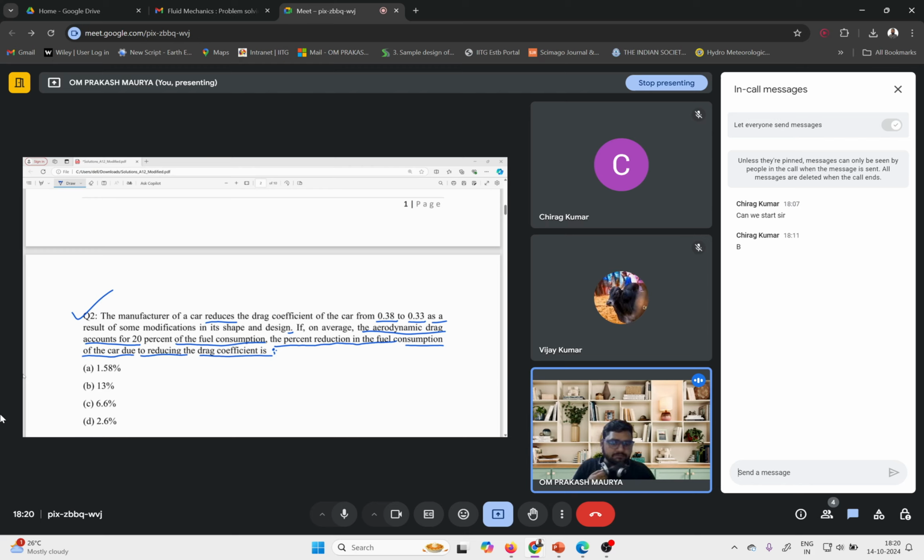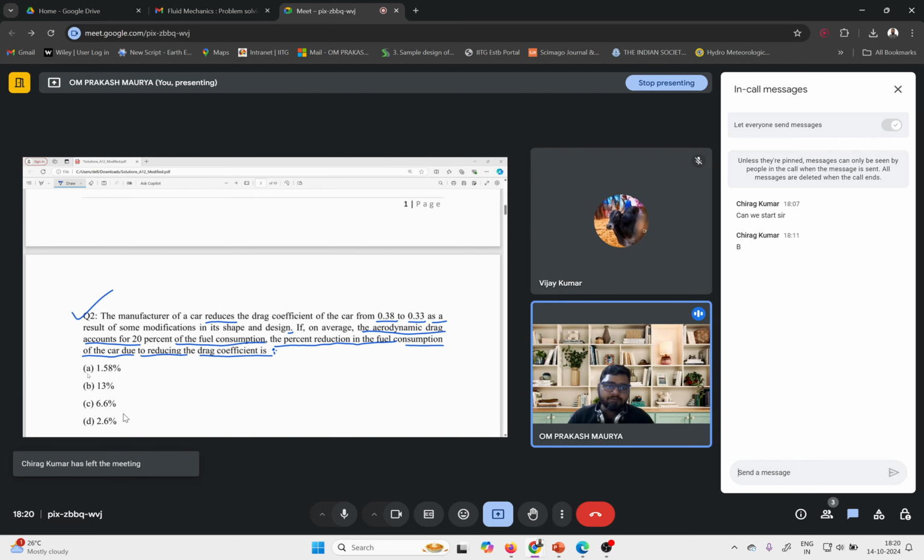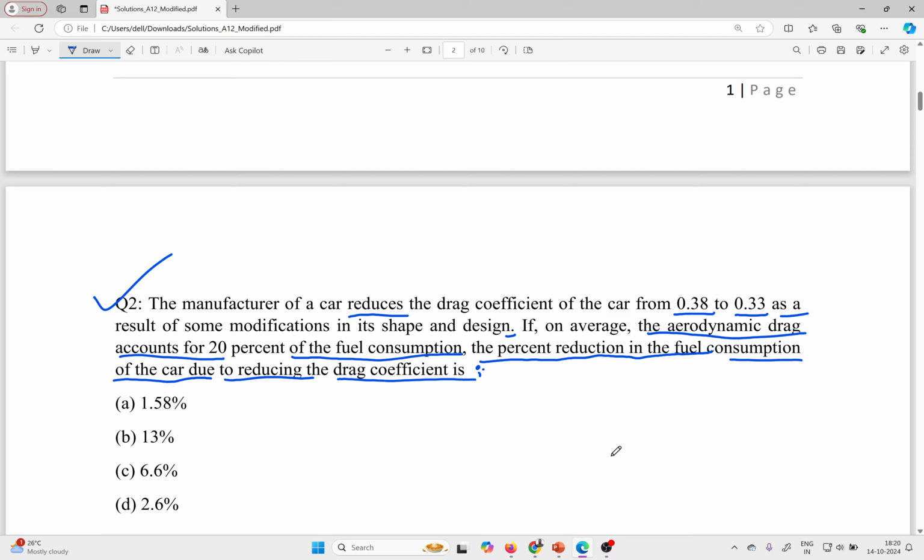So now let me discuss. If you have any answer, you can share. Okay, so question number two. Let us suppose a car is here, like that, moving in this direction.